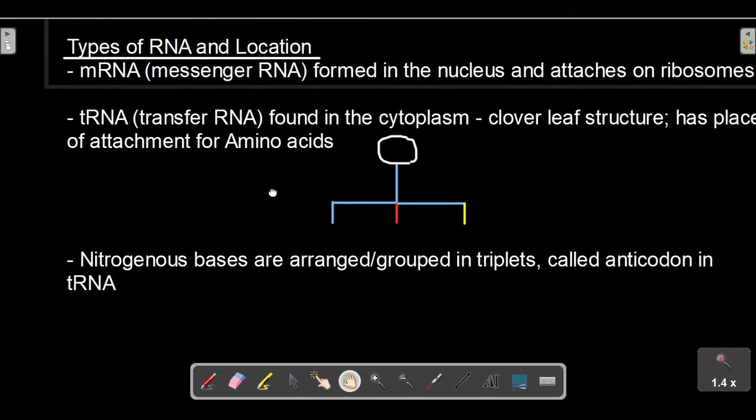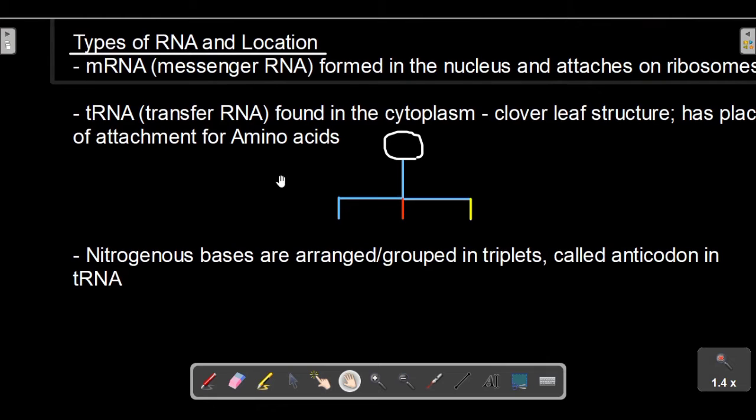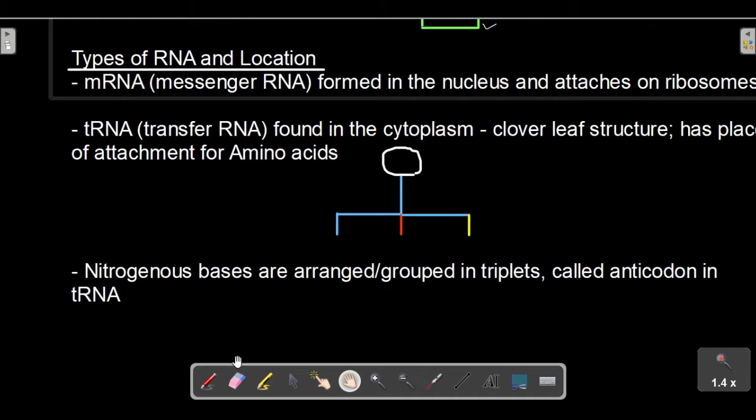Right now, let's look at this. We actually have types of RNA. We have what we call the messenger RNA, and we have an abbreviation there of mRNA. So we call it the mRNA, but it's really the messenger RNA in full.